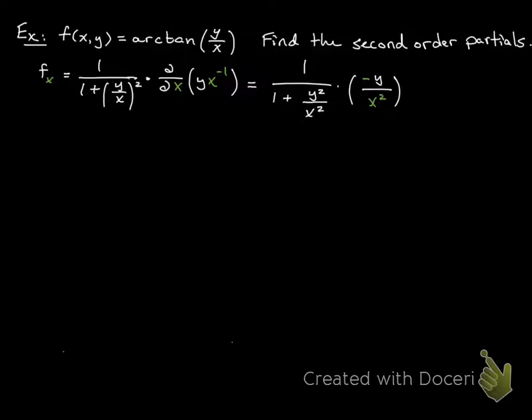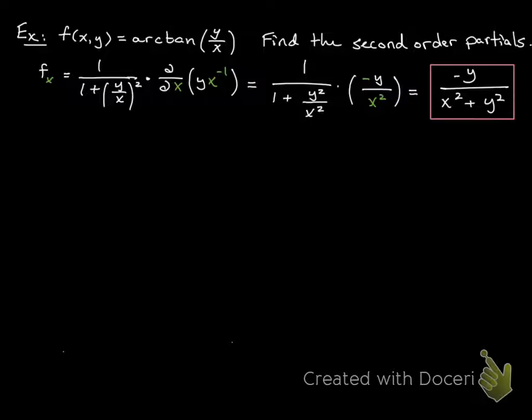I want to try to have simplified first partials. Okay, so I'm going to multiply across the top and across the bottom, distribute the x squared across the denominator, and I see with a -y in the numerator, then I should have an x squared plus y squared in the denominator.